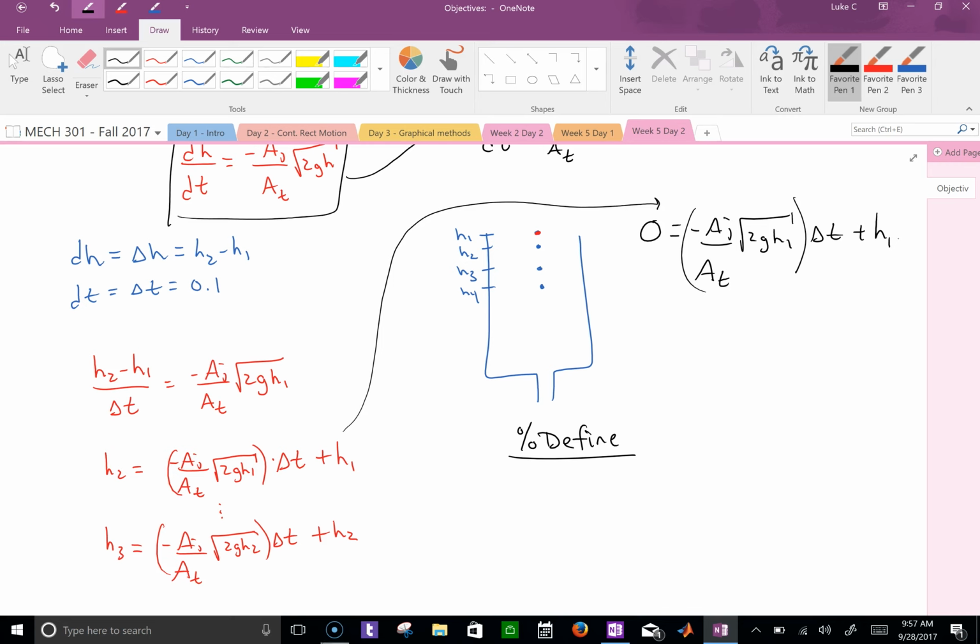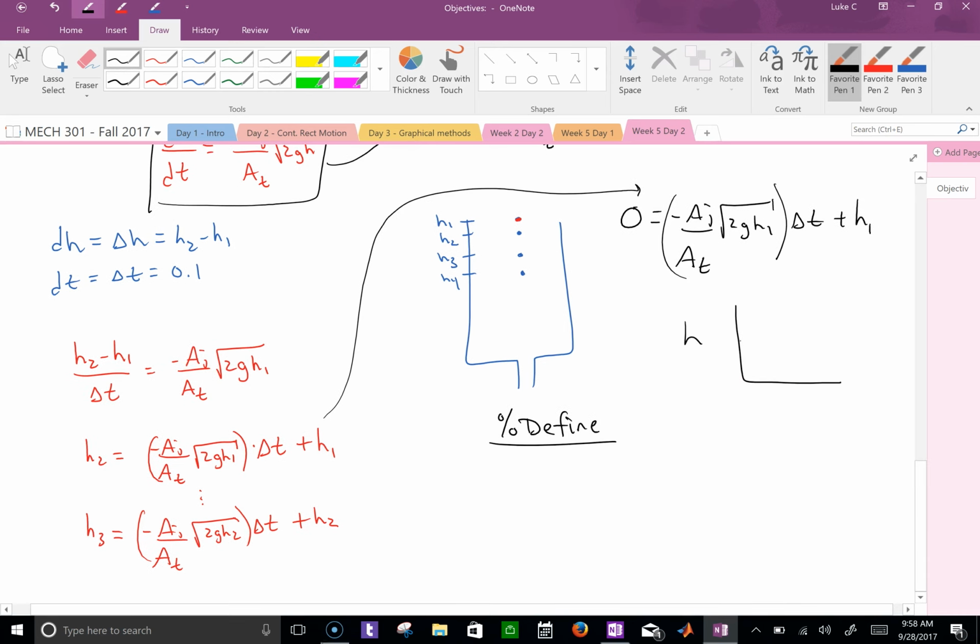Sam's question was, how do you know how much to break up H1, H2, H3, H4? The way you do this is you pick a delta t first. Say you picked 1 second, and then you get a graph. The graph should look like that: it decreases, and then levels out. When you run this with 1 second, you get a graph.